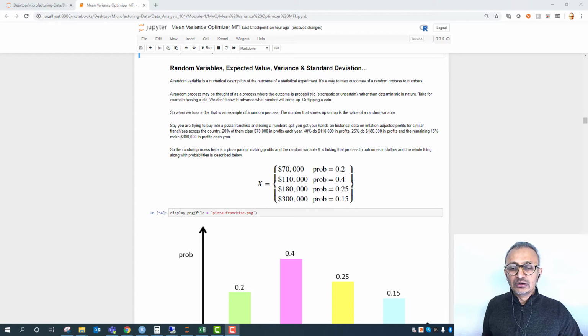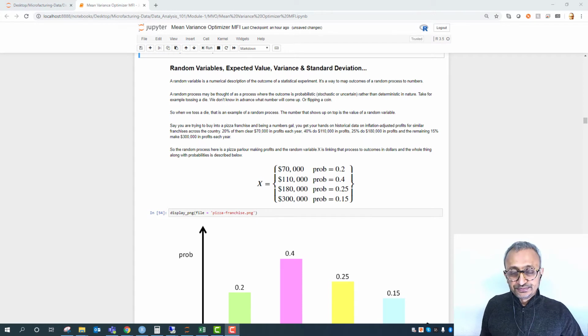So going back to this pizza franchise example, let's say you have data on them: 20% of them across the country make $70,000 in profits each year, 40% do $110,000, then 25% $180,000, and the remaining 50% say do $300,000 in profit.